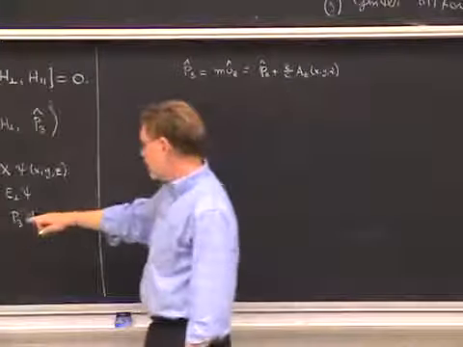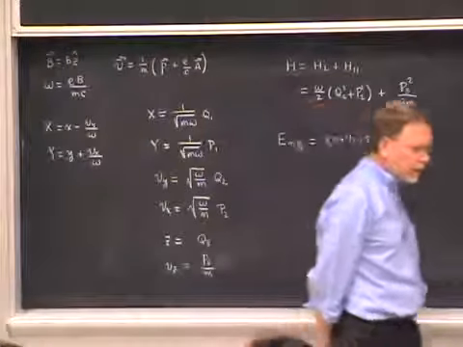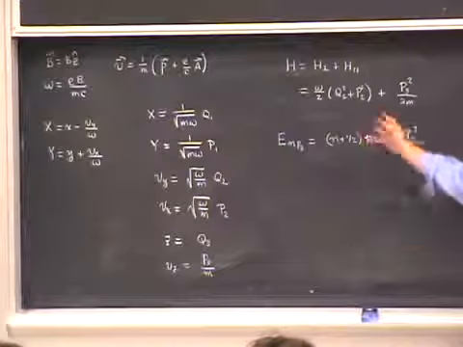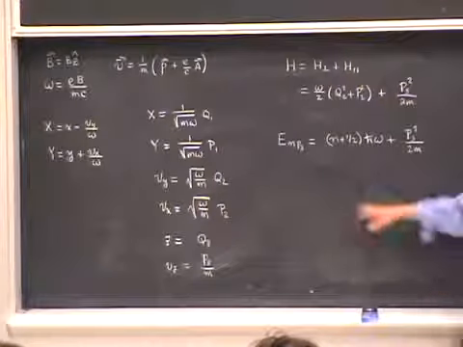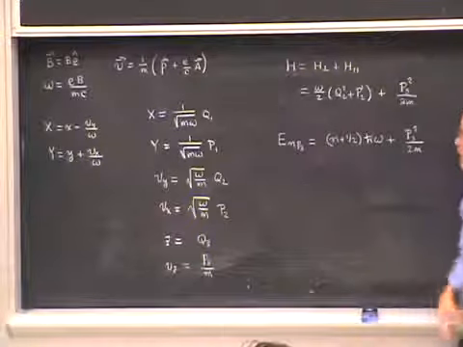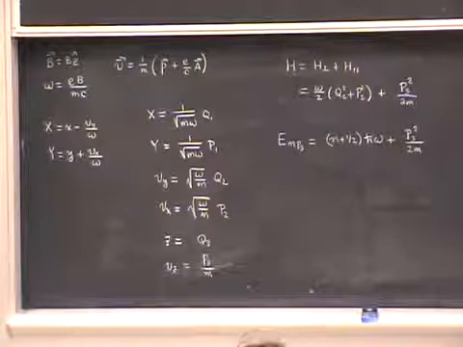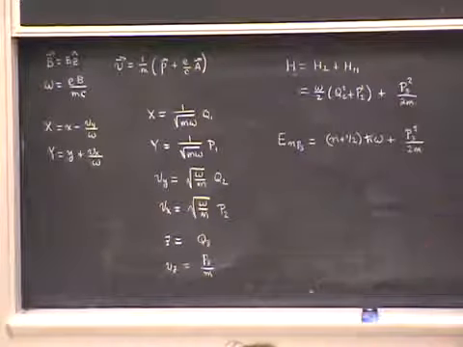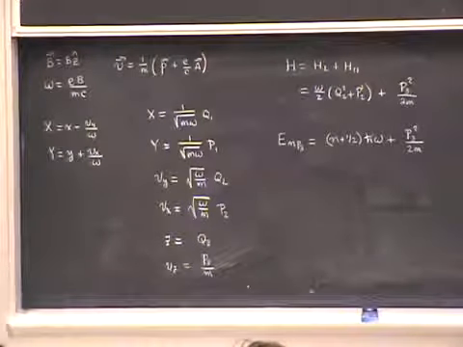And so this eigenvalue, in the last lecture I worked out the energy levels for a charged particle moving in a uniform magnetic field, and I've summarized some of the calculations here on the board. The main result was the energy levels, which depend on two quantum numbers, m, which is a Landau quantum number, and P3, which is the momentum parallel to the magnetic field. The particle moves as a free particle in that direction. The Landau level corresponds to a harmonic oscillator with energy equal to half h bar omega.